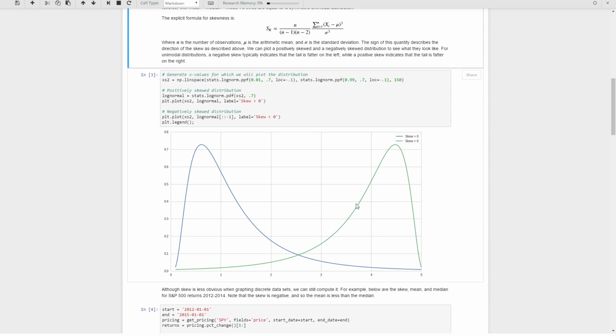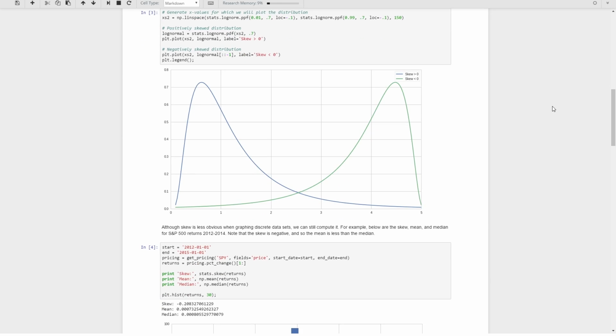Then we're going to have the mean probably around here, followed by the median here or something. But generally, that's a good rule of thumb for unimodal distributions. If we start getting distributions that have many modes or multiple peaks, that rule of thumb is not going to be so helpful anymore. So these are continuous probability distributions. And it's not quite so obvious to see the skew from looking at a discrete set here.